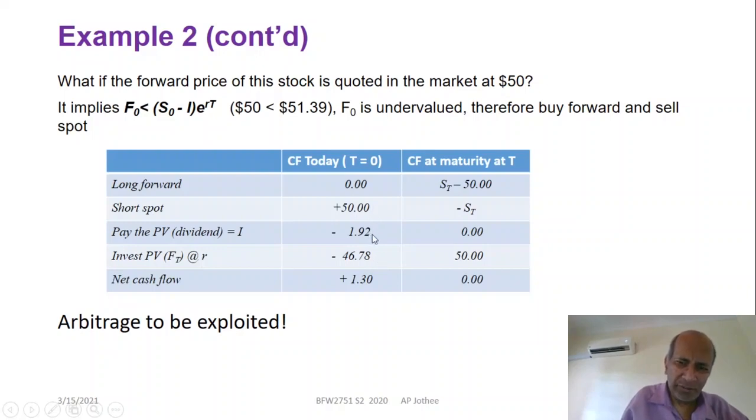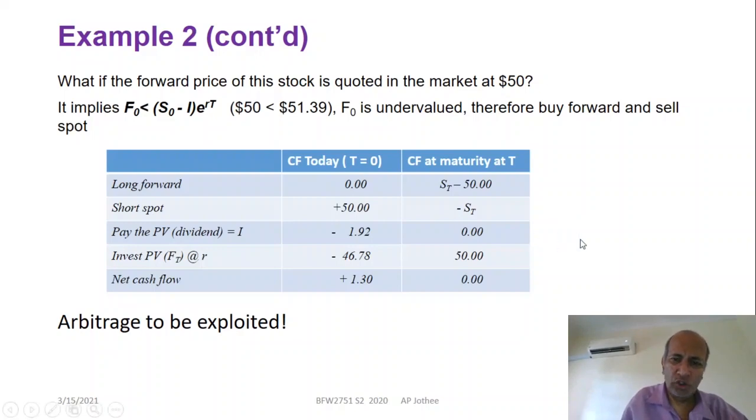Maybe you invest the $50 minus 1.92, the difference here, and you will get something a little bit more than $50. That will be the difference here. The difference can either come as 1.3 here or 1 point something there. If you discount it back to here, it will become 1.3. You can calculate either way. I'll show you in the tutorials later.